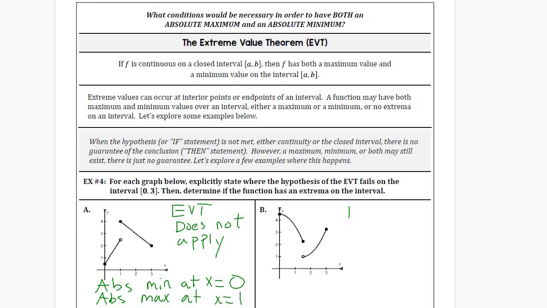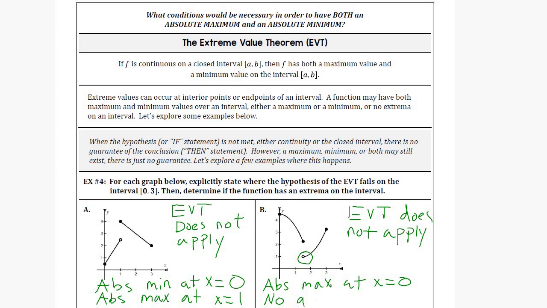Here again, we are not continuous, so EVT does not apply. This time, notice that we have an absolute max at x equals 0, but notice that we would want to have the absolute min at this point right here, but because it gets closer and closer, and there's a hole there, there will be no absolute minimum.